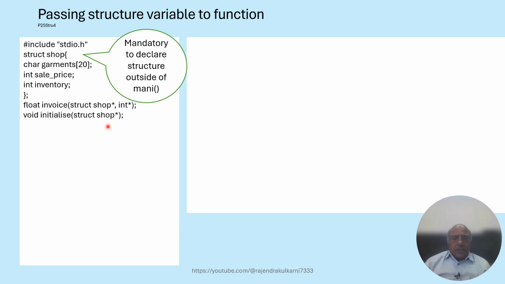Then we have declared another function. It is a void function, it doesn't return anything. The function name is initialize, and to this function we are again passing a pointer variable of type struct shop. How these functions are defined and how they are used, we are going to see in this program.